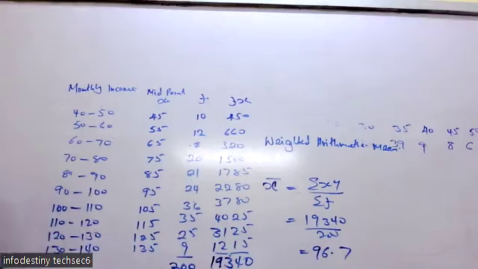When the arithmetic mean is calculated, equal importance is given to all the items of the series.